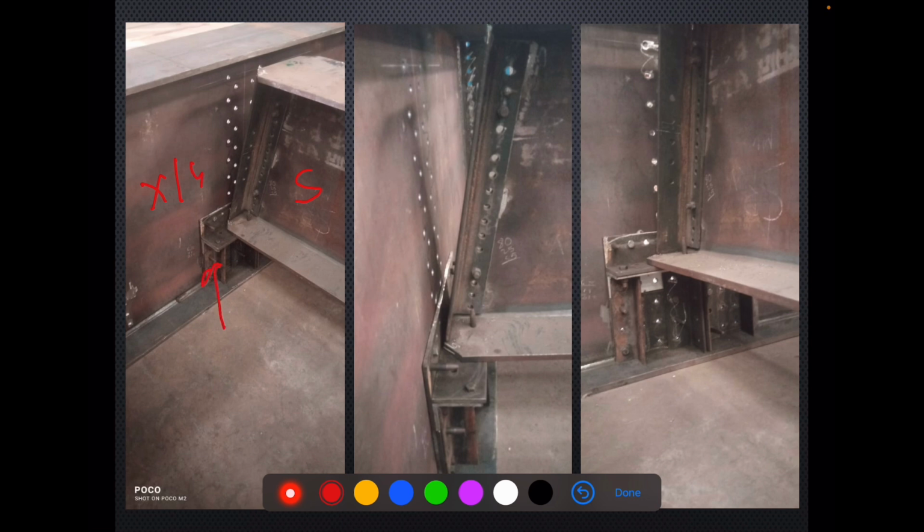This is a stool, and here expansion holes are there in this angle, and the girder moves within that expansion hole. So this is the arrangement. This is a stringer, this is cross girder, this is a stringer, this is cross girder, this is a stool.